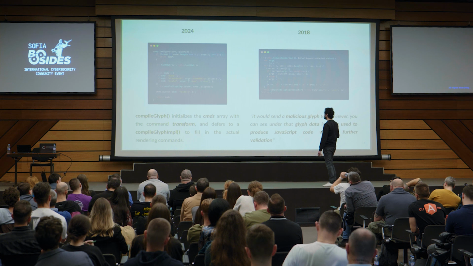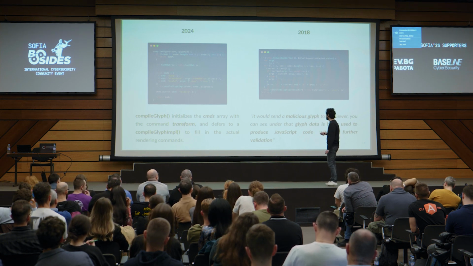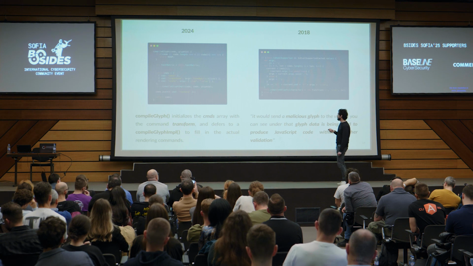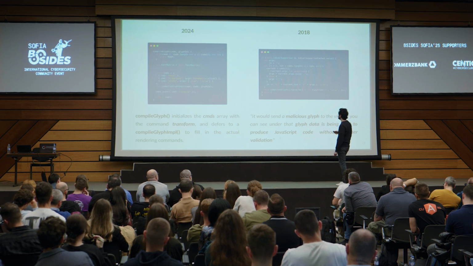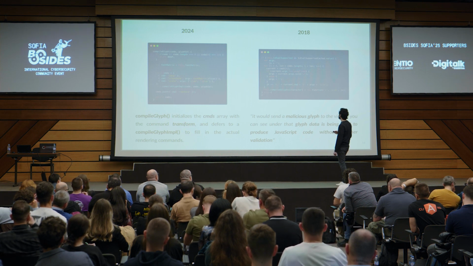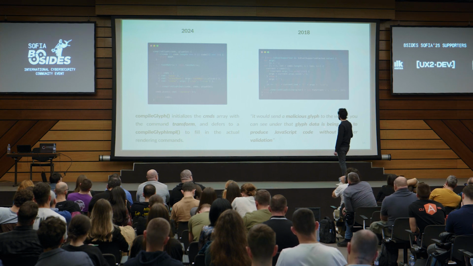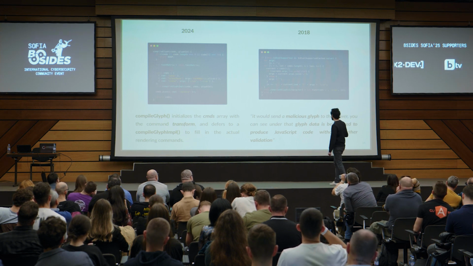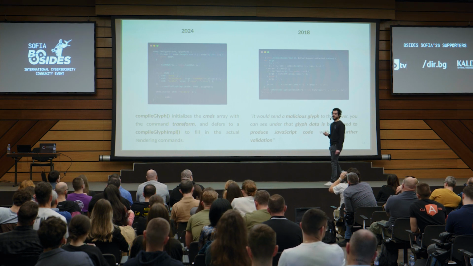And it is interesting to see that in 2018, the previous researcher, the person that reported the vulnerability, wrote that it would send a malicious glyph to the viewer, a glyph that is being used to produce JavaScript code without validation. And this is exactly what happened 7 years later.